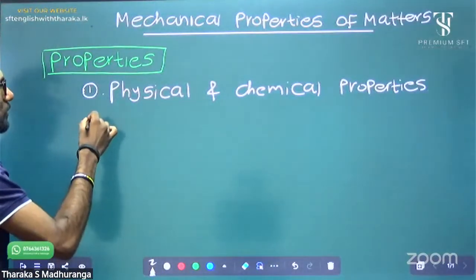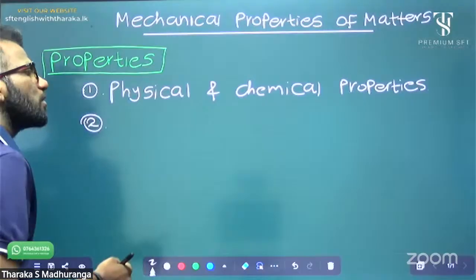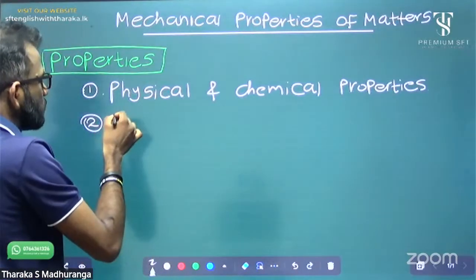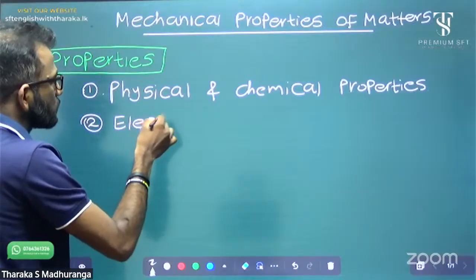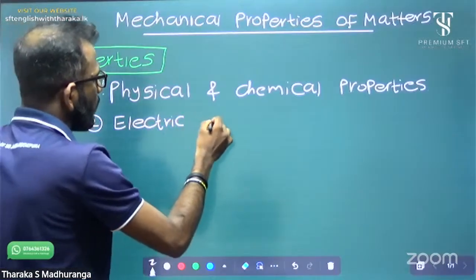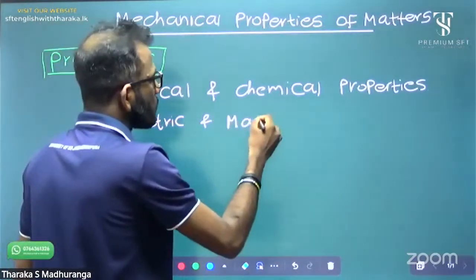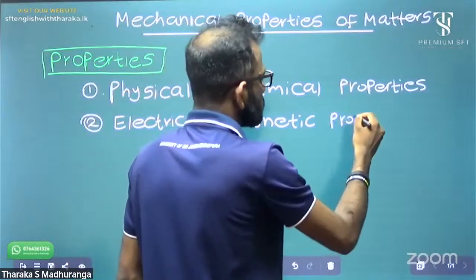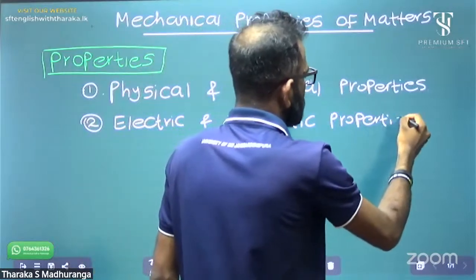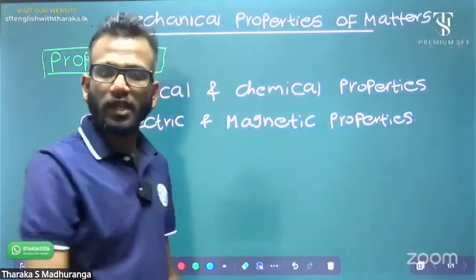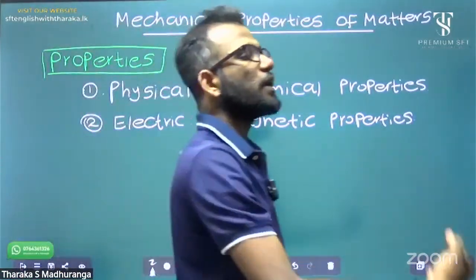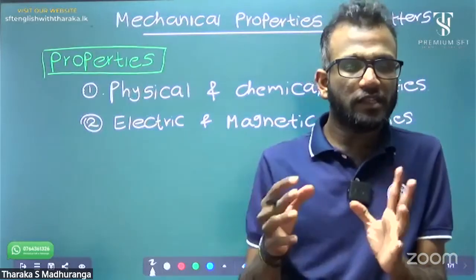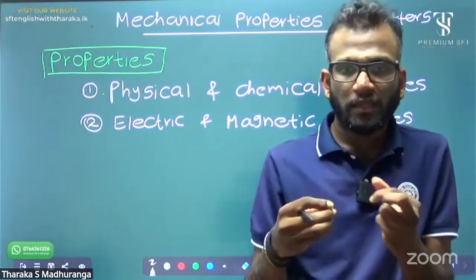Okay, the second property type, electric and magnetic properties. Both property types we discussed in the electricity lesson. In the electricity lesson, there is a separate part called magnetism.